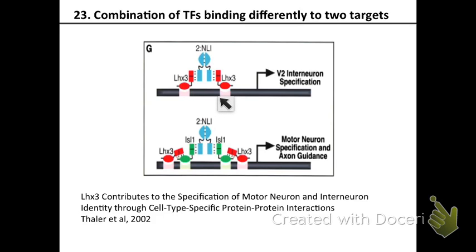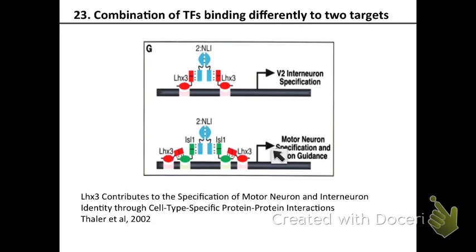In these V2 interneurons, LHX3 is expressed and another protein called NLI is expressed. And they form this heterodimer and a homodimer here, and that structure allows the recognition and binding to these types of elements, and they're going to activate the expression of these genes containing these sequences.